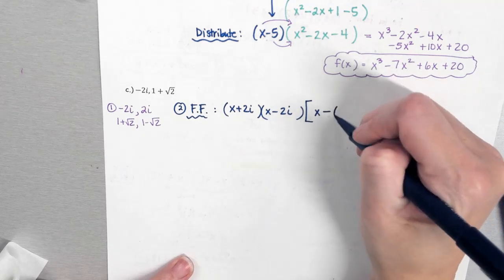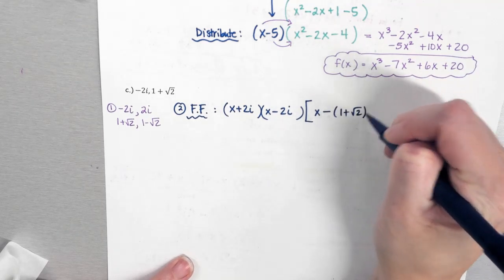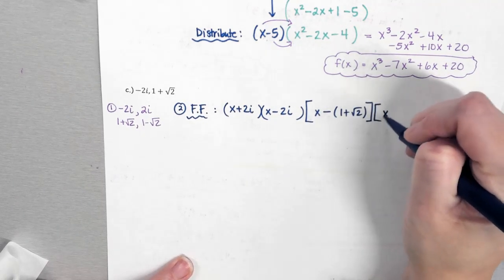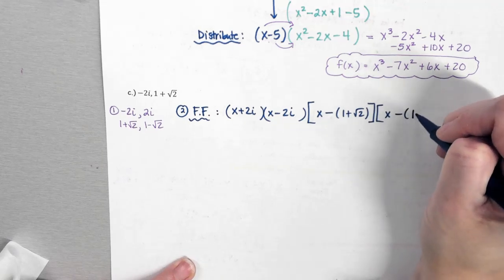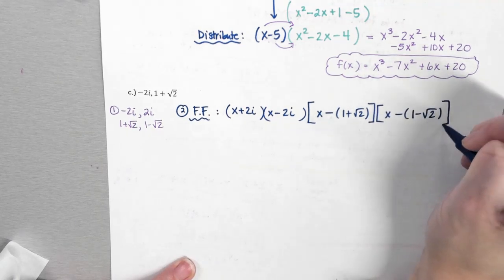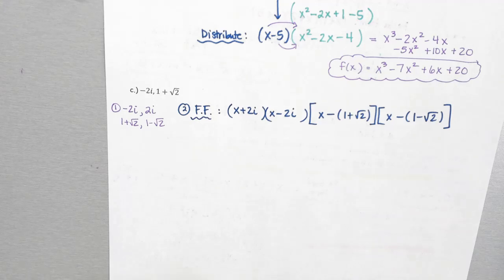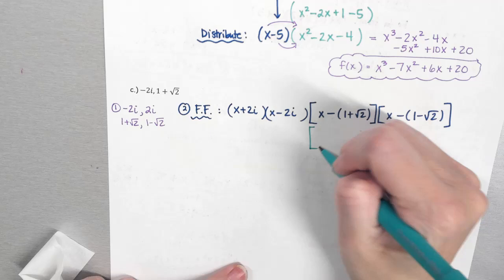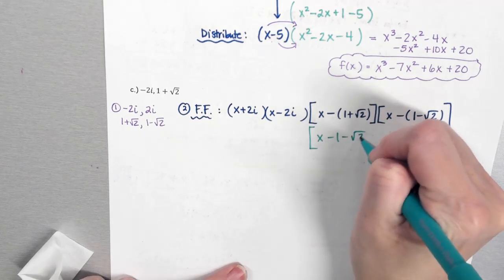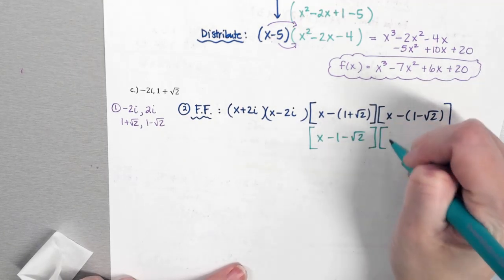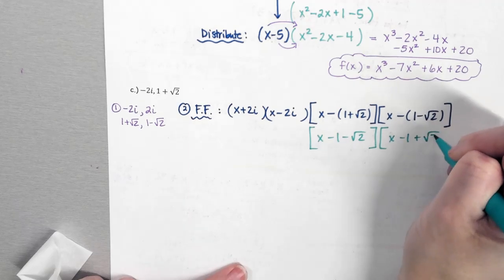And then I have x minus 1 plus root 2. And then again, you need x minus, and then it's 1 minus root 2. Okay, and then we're going to distribute. So we have x minus 1 minus root 2, x minus 1 plus root 2.